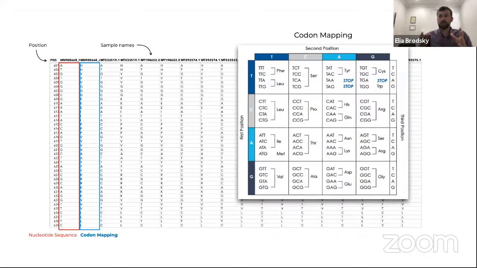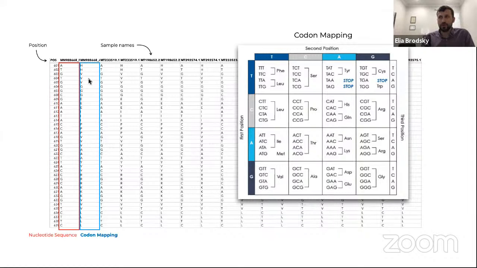Okay, so these are triplets of nucleotides. Each combination represents an amino acid. So when we look at the changes in those nucleotides, we're expecting different types of changes in the amino acids. And so what you can see here is an example of an analysis where you have the nucleotide sequence mapped into codons.